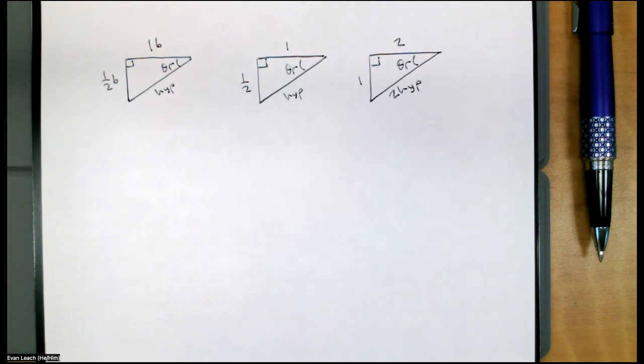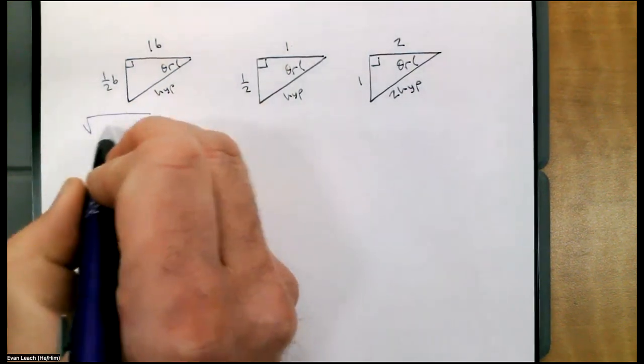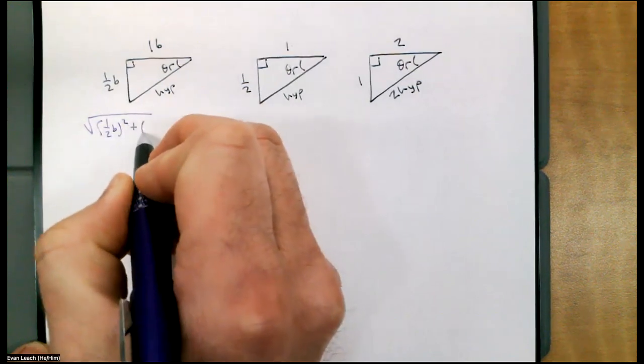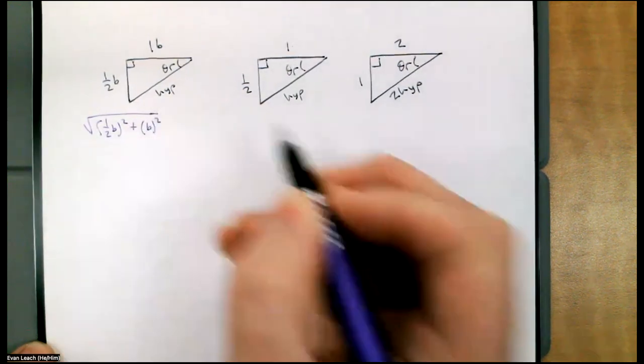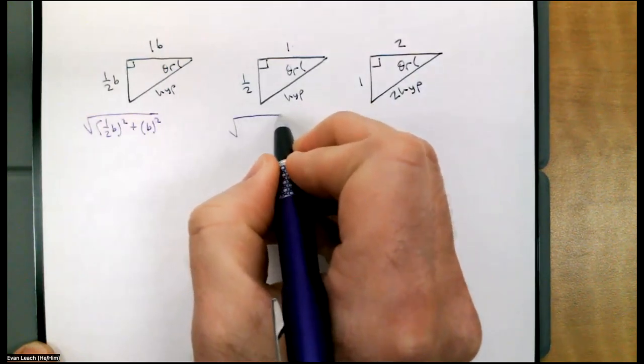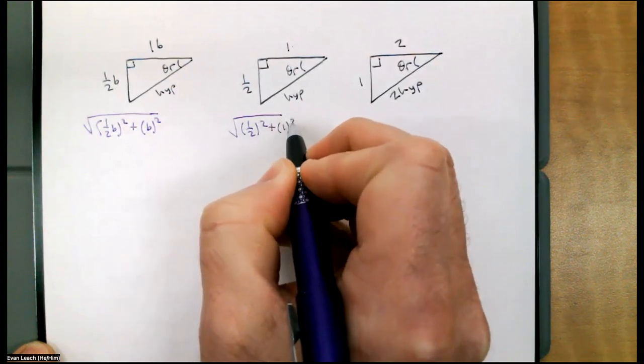So rather than calculating the hypotenuse as the square root of a half b squared plus a b squared, we could calculate the hypotenuse as just the square root of a half squared plus 1 squared.